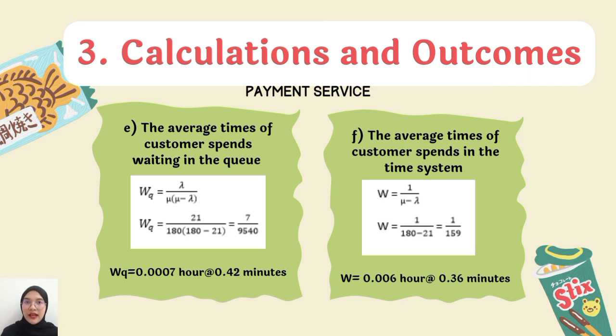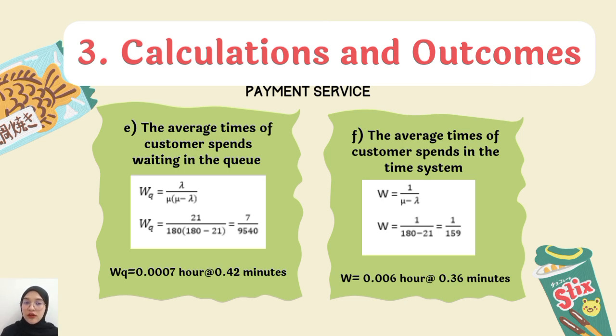So part F, average time a customer spends in the system. The formula for calculating the average time a customer spends in the entire system is W equals 1 over mu minus lambda.